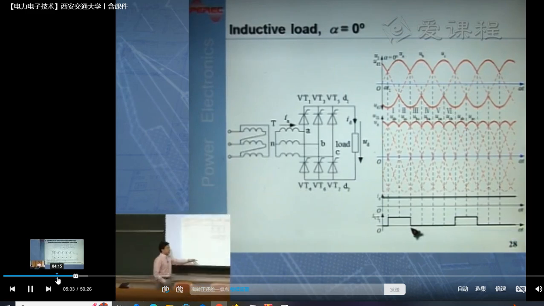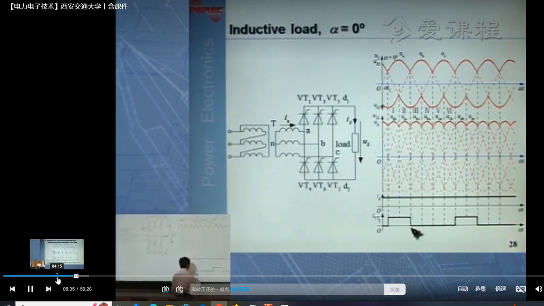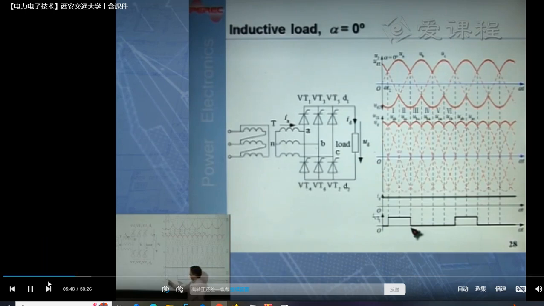But if you look at this detailed waveform here, you see this thyristor current, before this point is 0, no current flowing through VT1. And after this point, there is an instant change.